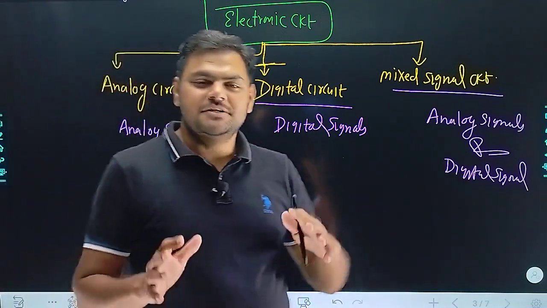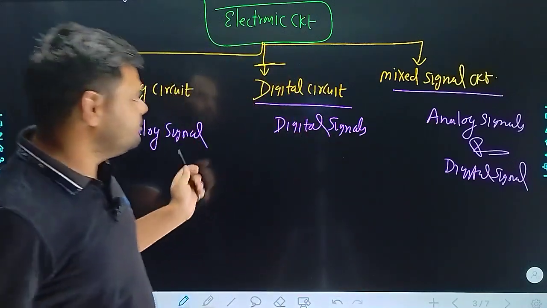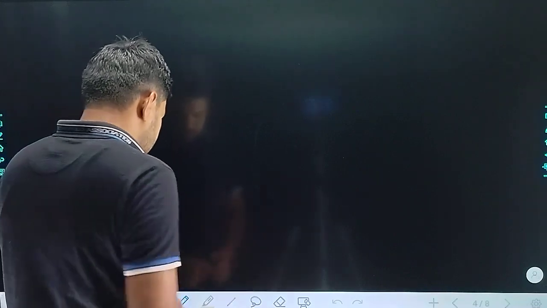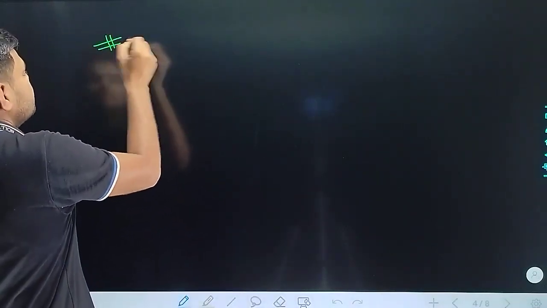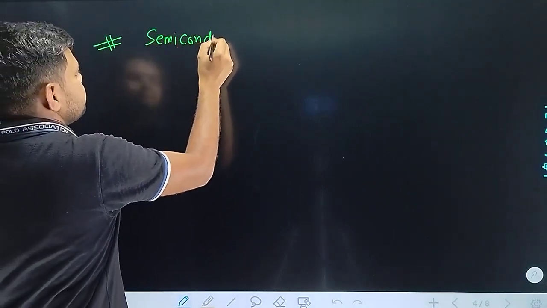Now we are starting with the basic terminology of this subject. So note it down. Now let's write the next heading: Semiconductor. This is the journey of this subject that we have begun now.